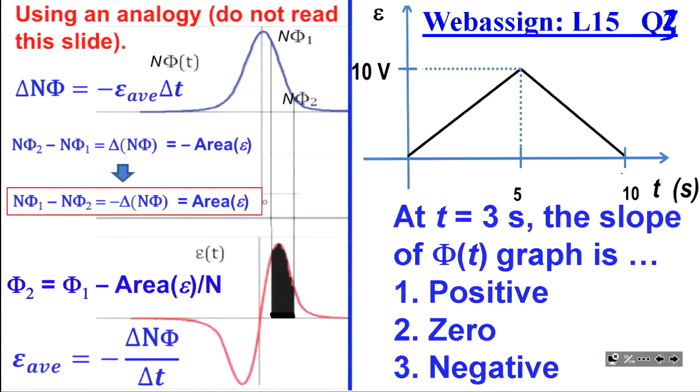And here, the question is about the slope of the flux at t equals 3. Where is t equals 3? T equals 3 is here, between 0 and 5. And if we look at this time, EMF is positive.